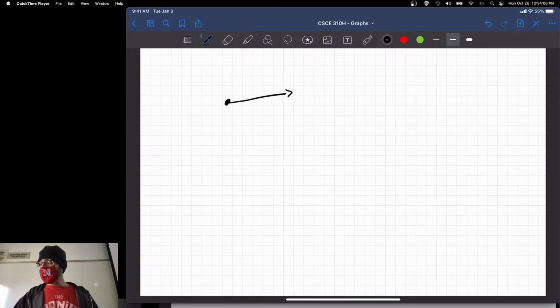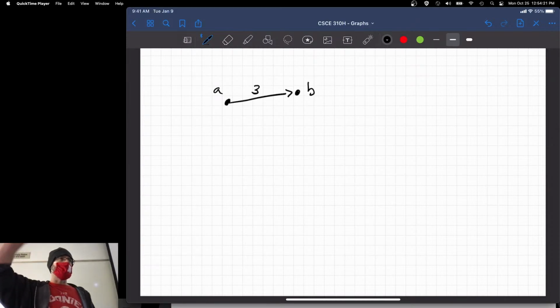So for example, here's one common way of taking a weighted graph and transforming it into an equivalent unweighted graph. Suppose that I went from A to B and it was of weight 3. There's a whole bunch of other edges all around, but let's just focus on this one edge.